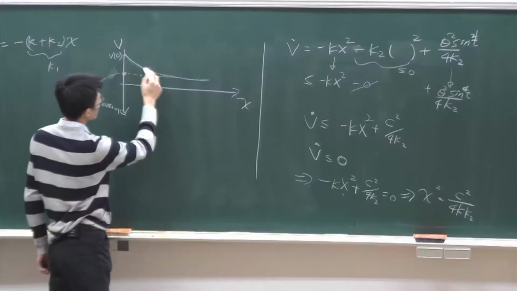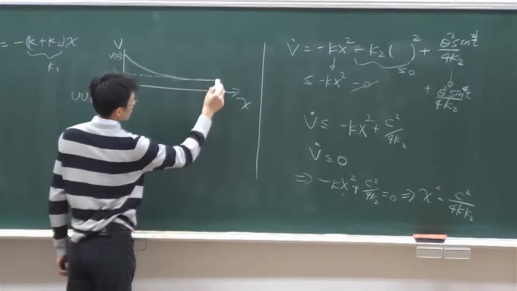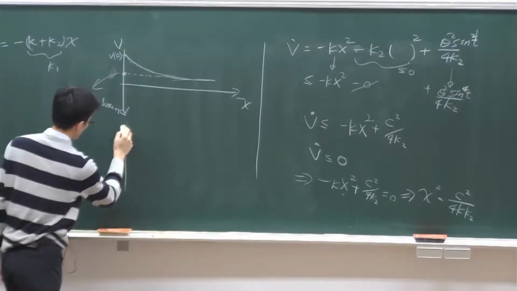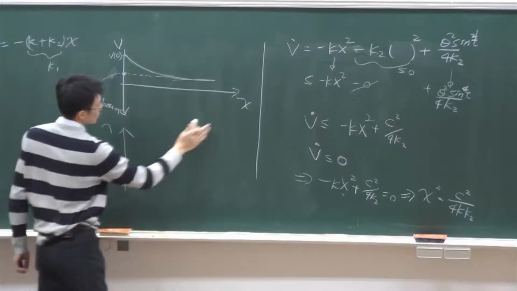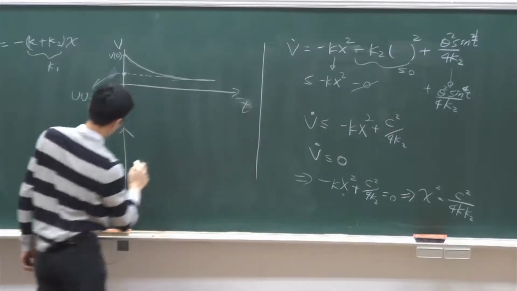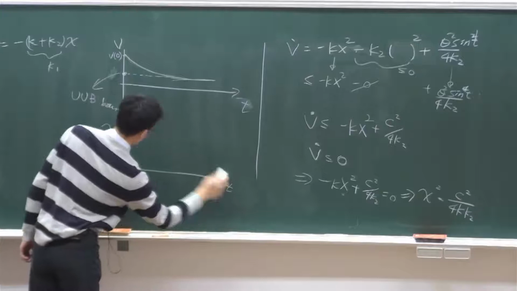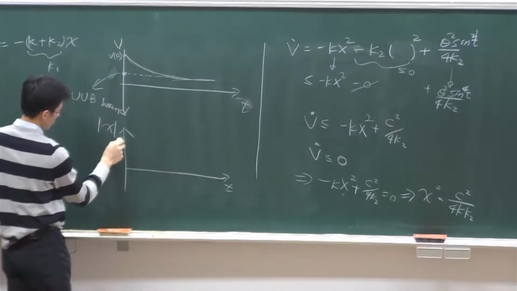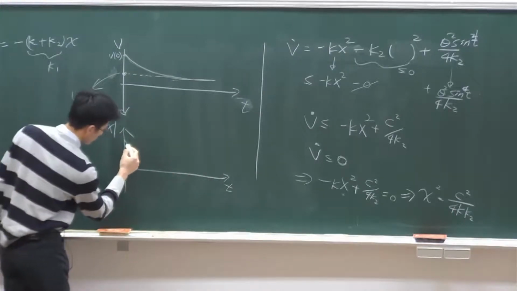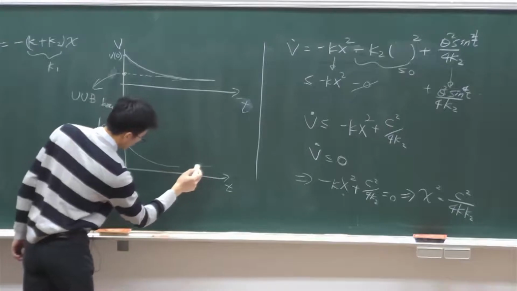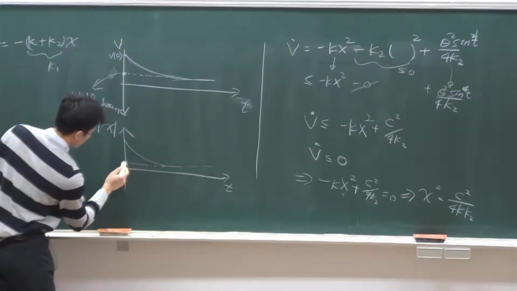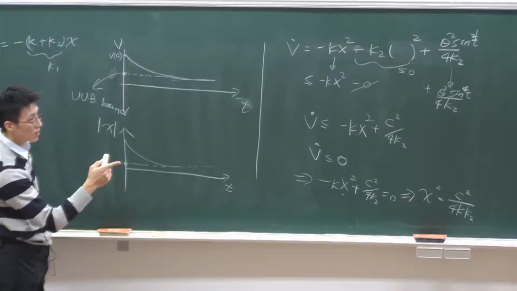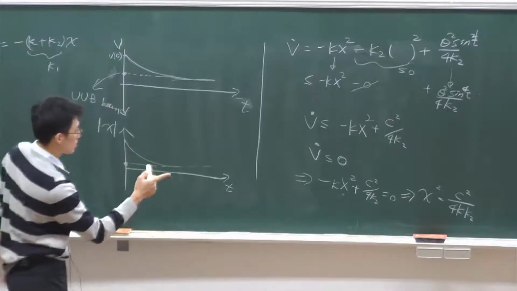It means when V remains constant, the corresponding x. The corresponding x norm. The x norm we know has already decreased, right? And remains constant.